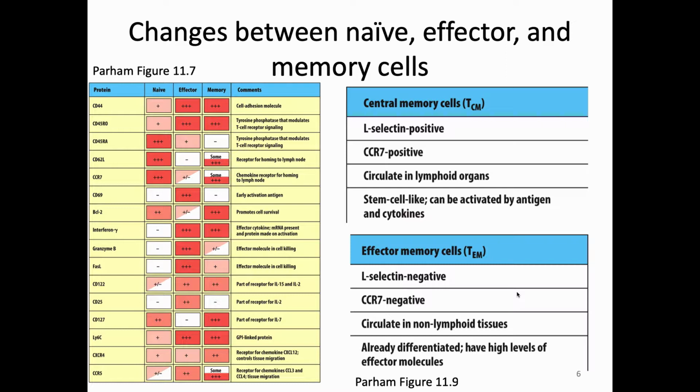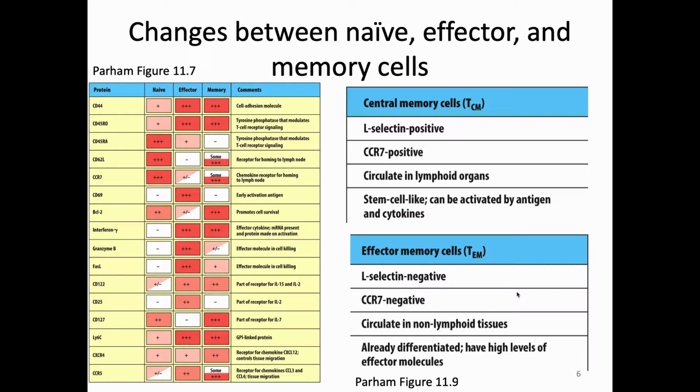You can also see that there are a few of these markers, like CD62L and CCR7, where there's some weird data for the memory cells. And that is because in understanding memory cells, we have actually found that there are multiple different types of memory cells. There are different subtypes of memory cells. Two of the main types are described here, central memory cells and effector memory cells.